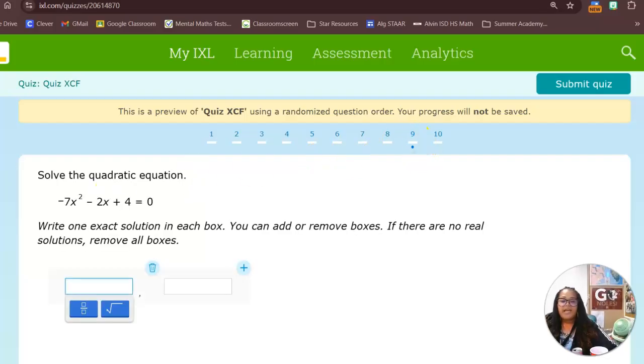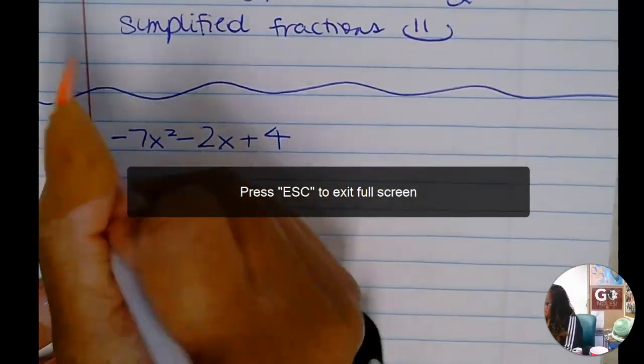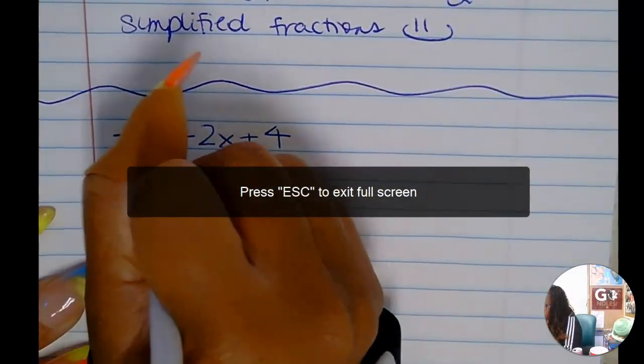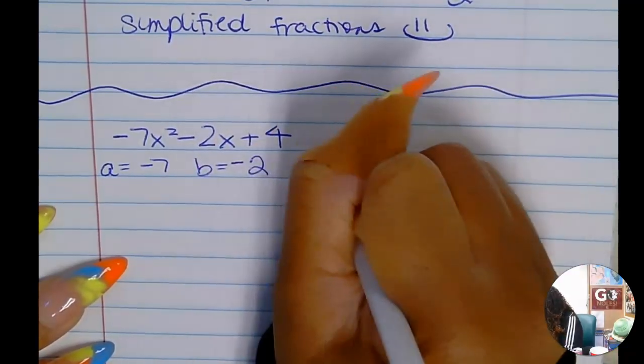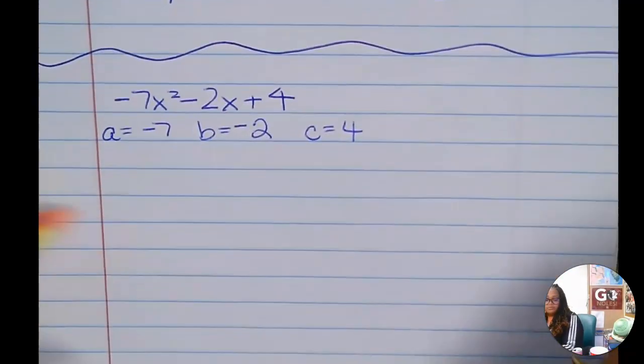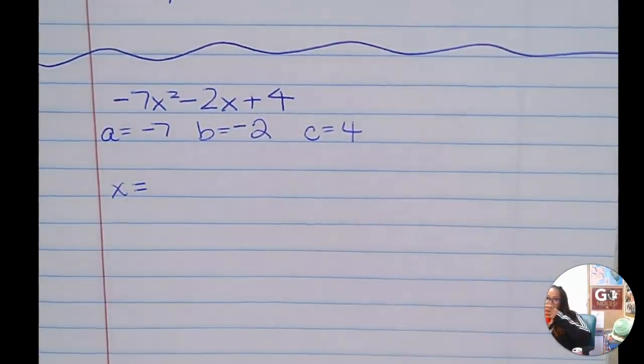Number 9, negative 7x squared minus 2x plus 4. My a is negative 7, b is negative 2, and c is positive 4. Then I'm going to say x equals the opposite of b.